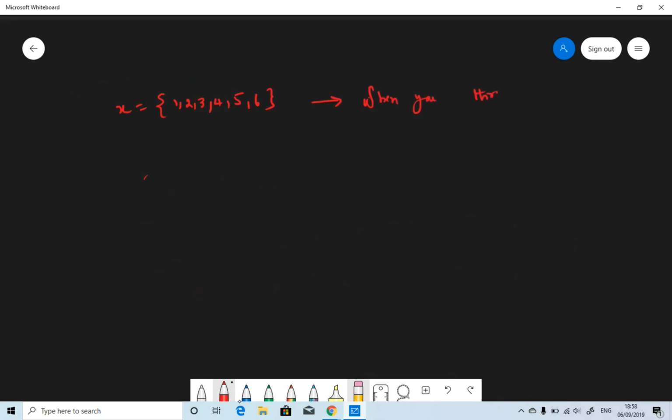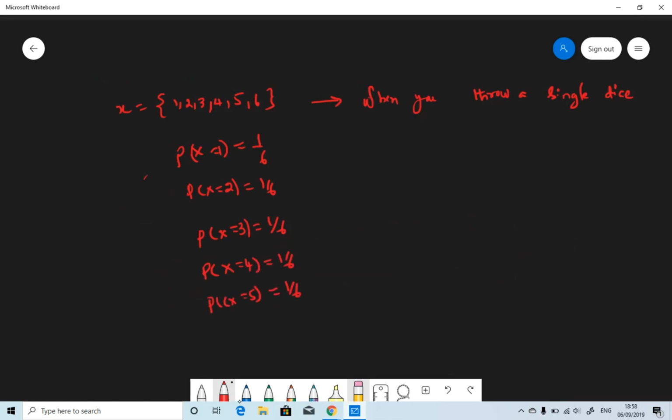When you throw a single dice, what is the probability of x equal to 1? It will be 1 by 6. Probability of x equal to 2 will be 1 by 6, x equal to 3 will be 1 by 6, x equal to 4 will be 1 by 6, x equal to 5 also 1 by 6, and x equal to 6 also 1 by 6.